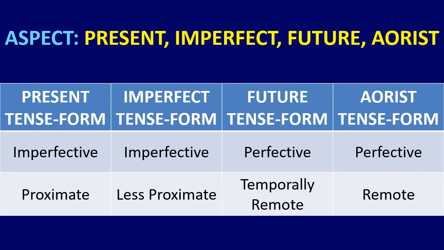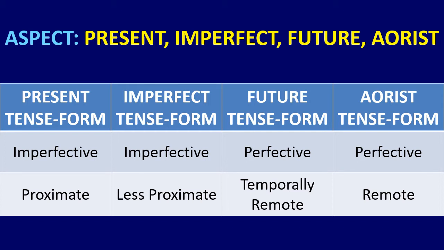You should think immediately, for present tense form, imperfective, or imperfect tense form, imperfective. Future tense form, you should think perfective aspect, and same with aorist. And then you should understand that those things refer to the standpoint of the writer or speaker viewing the action.